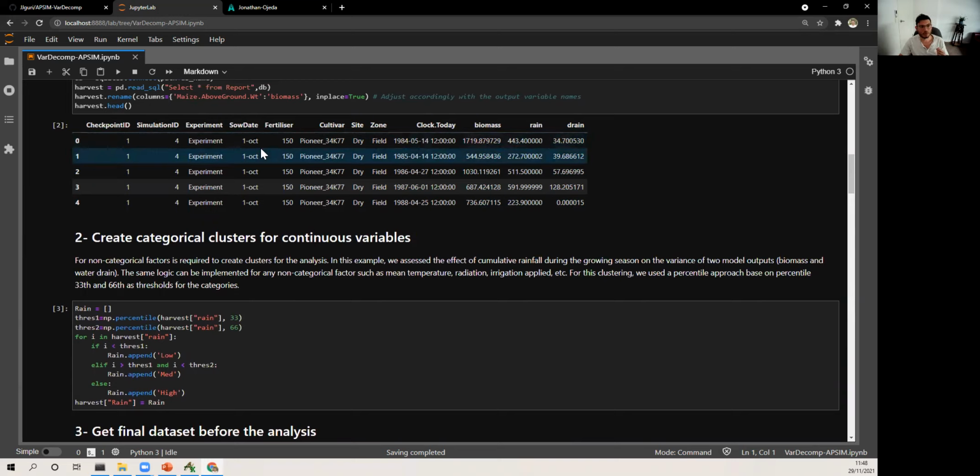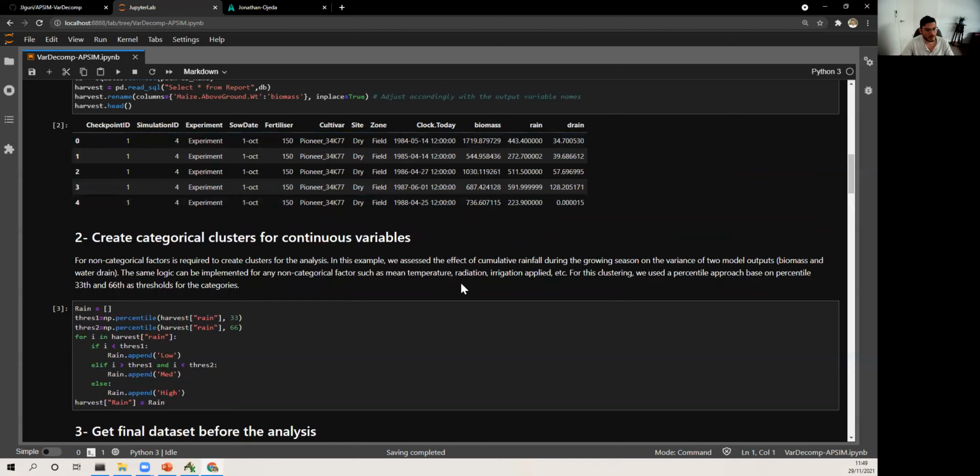For the sowing date, we know that we have 3 sowing dates. And for the fertilizer, we know that we have 3 levels of fertilizer. However, the cumulative rainfall changes every year, accordingly with the site and obviously with the weather conditions.